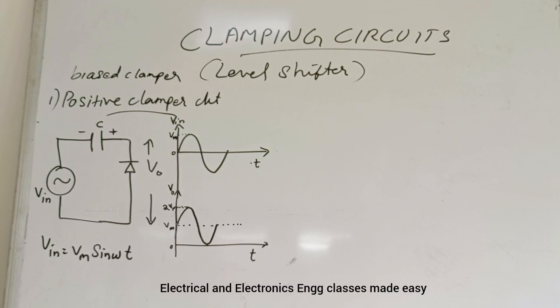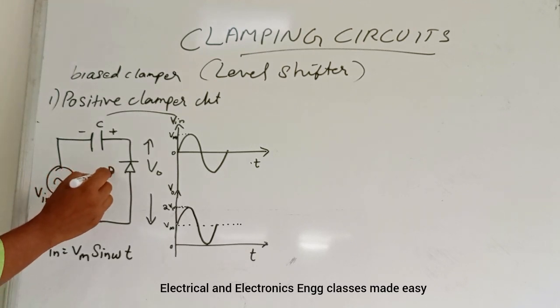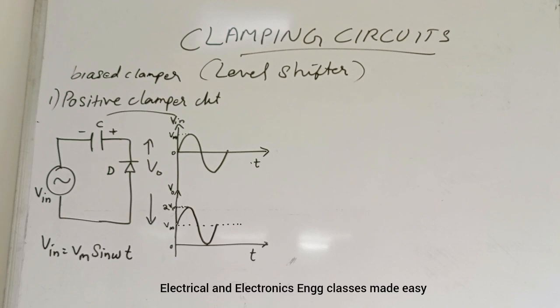This is the circuit for the positive clamper. It consists of a capacitor and a diode. Suppose the input voltage is represented by the expression Vin equals Vm sin omega t.